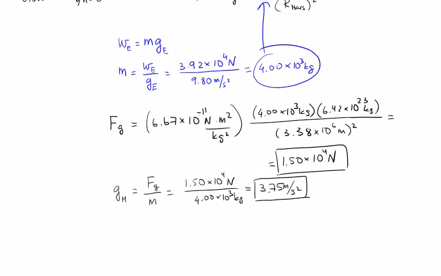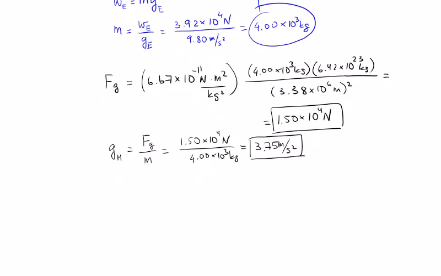You might wonder, can we get the g on Mars in a different way? Well, we absolutely can. We could use G times the mass of Mars over, I'm sorry, we don't have this little mass anymore. So we have G times the mass of Mars over R of Mars squared.